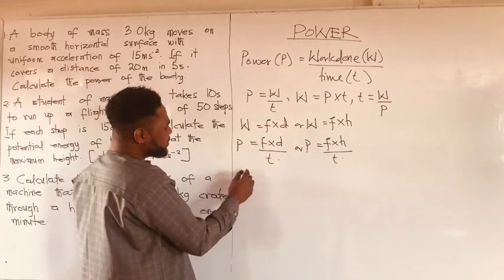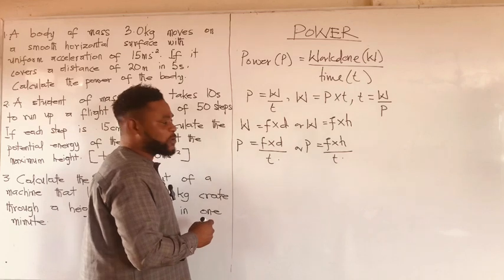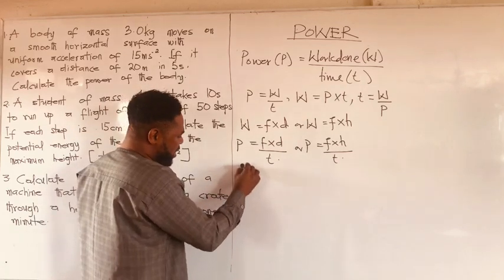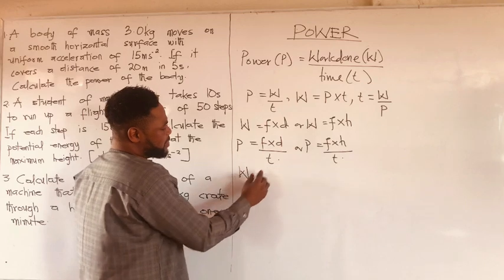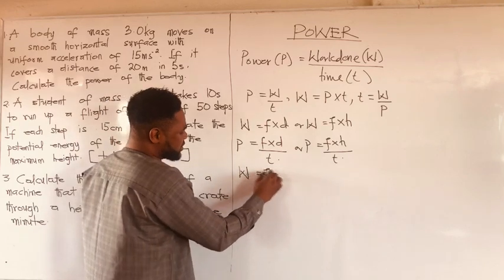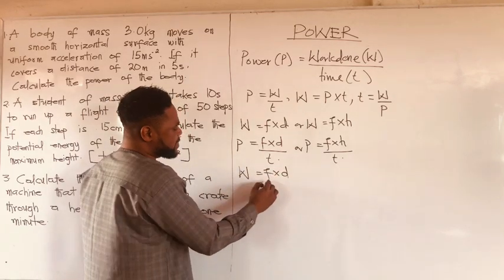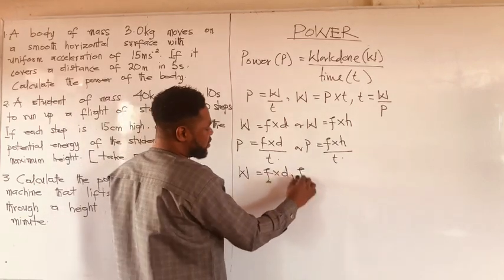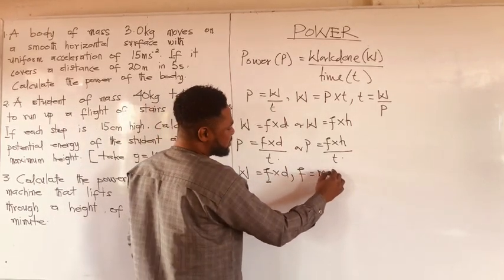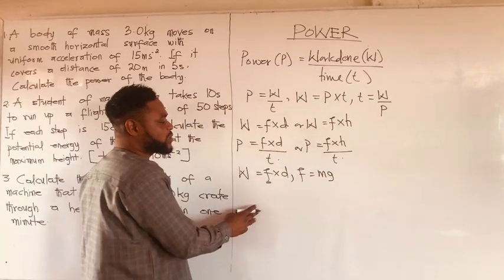We can have some instances also where our work done will be given as force times distance. Sometimes the force will not be given to us, but we can break the force as mass times acceleration due to gravity.